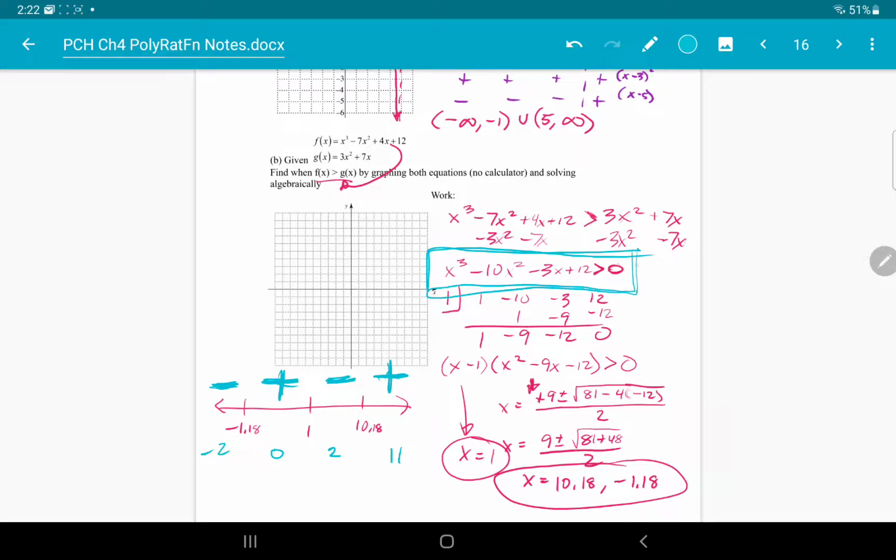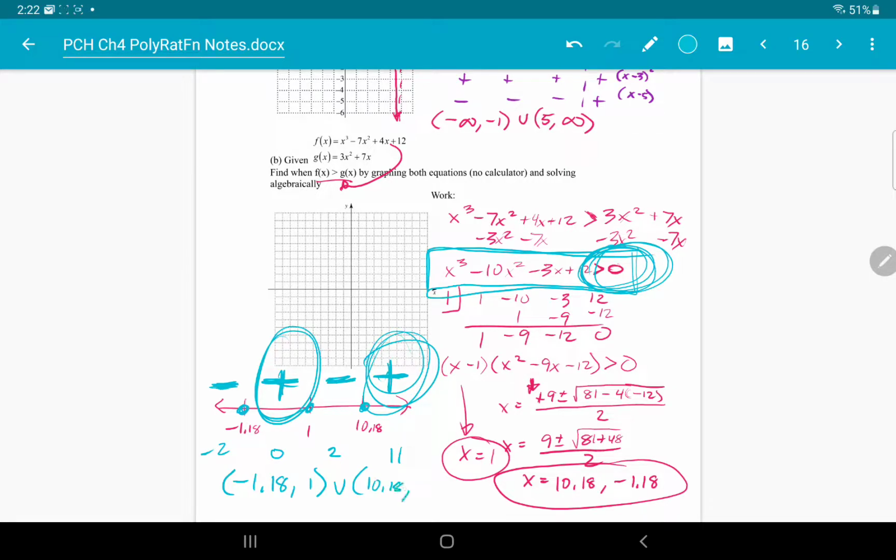Find when the polynomial is greater than 0. We don't want equal to, we only want greater than. So don't include your actual zeros, and positive would mean you want this section and this section. So we have negative 1.18 non-inclusive to 1 non-inclusive, union 10.18 non-inclusive to infinity non-inclusive, and that'll be your answer there.